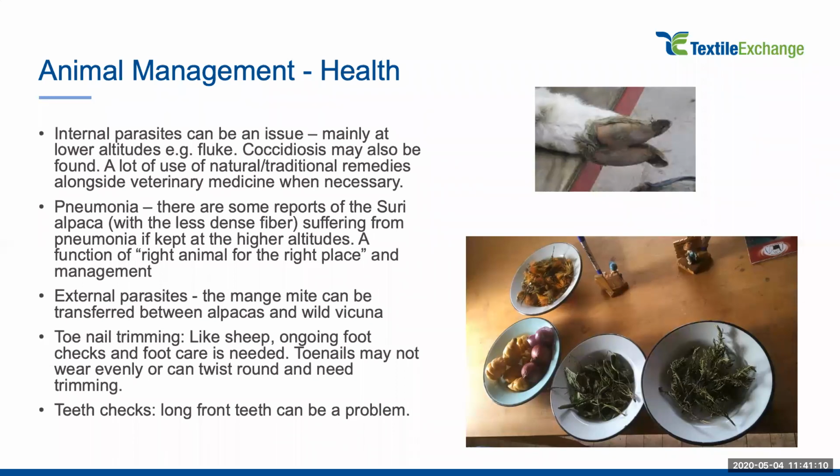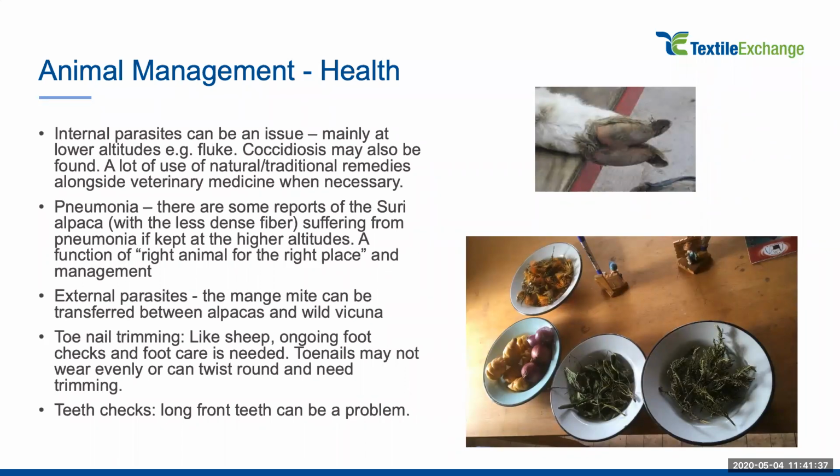Coccidiosis, again, is another parasite, with soil-borne oocysts, that can be a real problem, particularly with young animals, which can be struck down with coccidiosis. There was quite a lot of use by alpaca farmers and breeders of natural and traditional remedies alongside veterinary medicine.